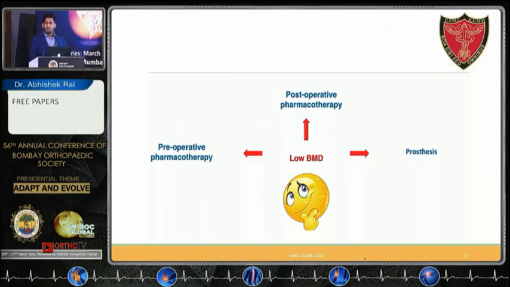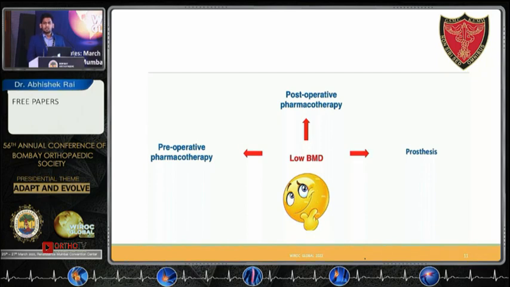So if a patient comes to us with a low BMD, what can we do? We have three options. Either we can give preoperative pharmacotherapy or postoperative pharmacotherapy, or we can do something with the prosthesis design. There are already a few studies on that. Huang et al. and Venesmaa et al. have studied that extensive porous coating and the long stem lead to more periprosthetic bone loss, thus leading to implant failure.